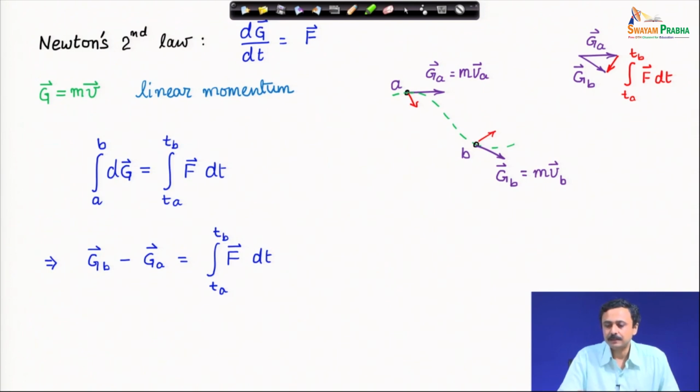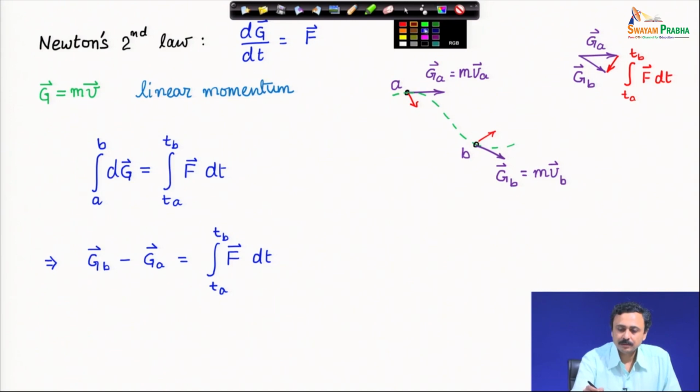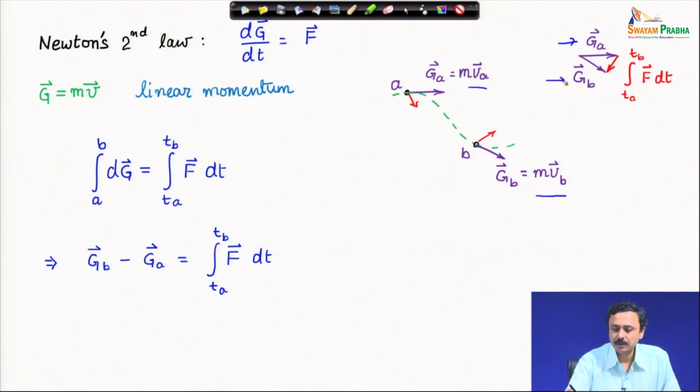What is the left hand side? Let us look at this figure. This is the linear momentum at A, this is the linear momentum at B. When I compare these two vectors, G_A and G_B, I take the difference G_B minus G_A.